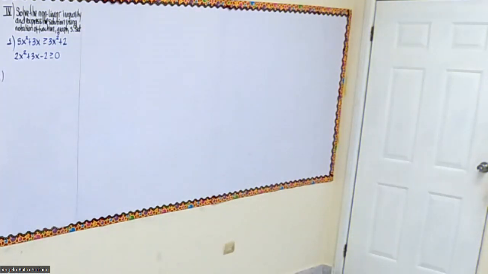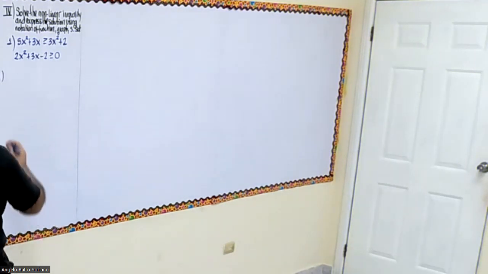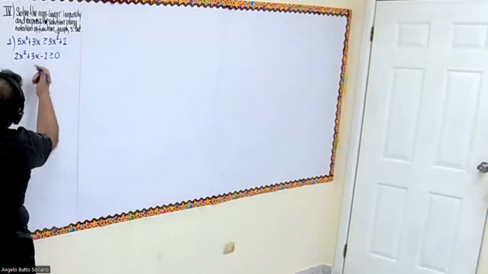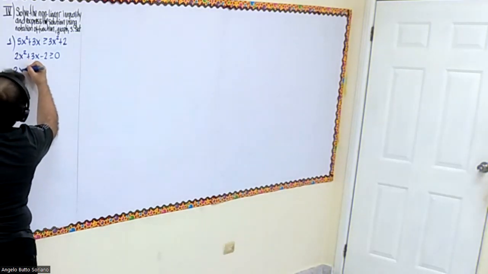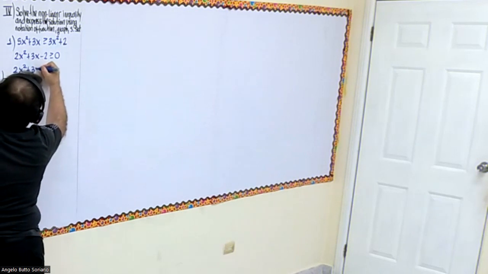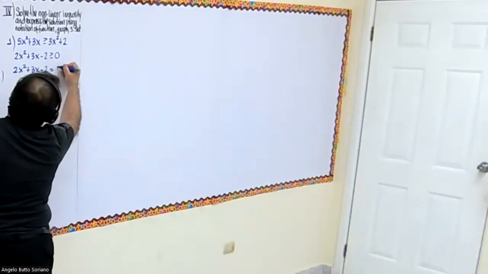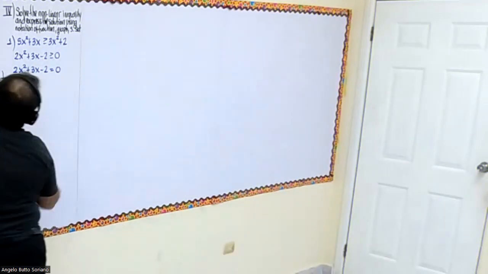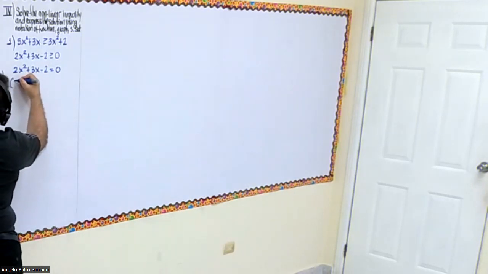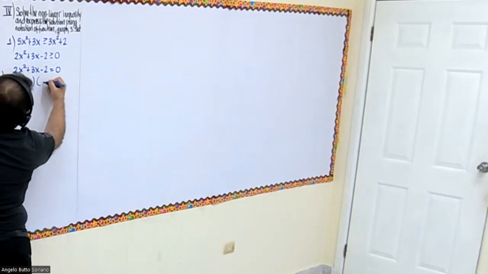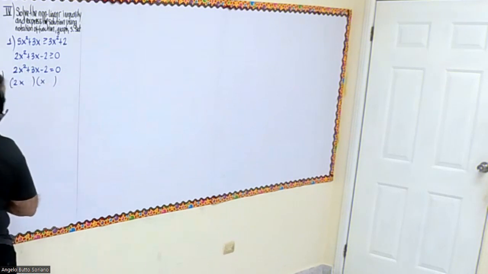And this inequality, we must just solve it like an equation, right? So the only thing that we have to do is change this notation to equal: 2x squared plus 3x minus 2 equals 0. Remember, a couple of numbers whose product gives us 2x and x.